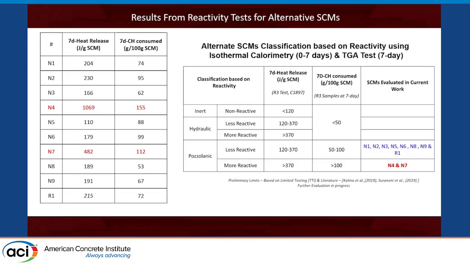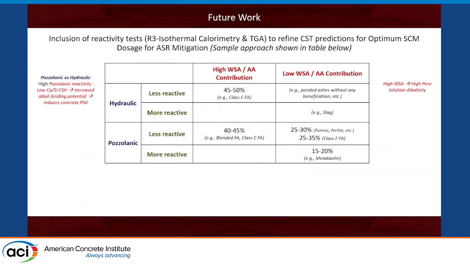Now, how to use this material? This is our future. We are thinking about how the reactivity and ASR can be connected. This is our aim. We are going to develop this kind of relationship, like say the pozzolanic reactivity. You see the metakaolin gives a good pozzolanic reaction, low CH ratio, and alkali binding is very prominent.